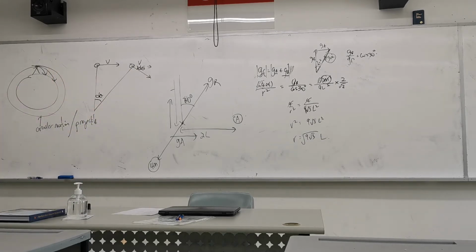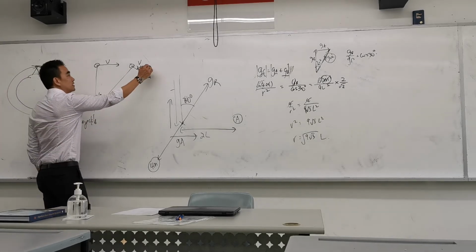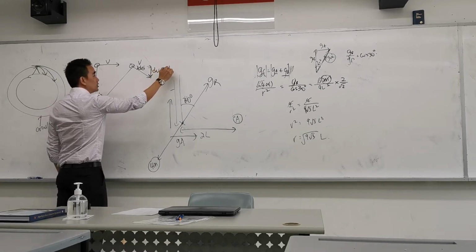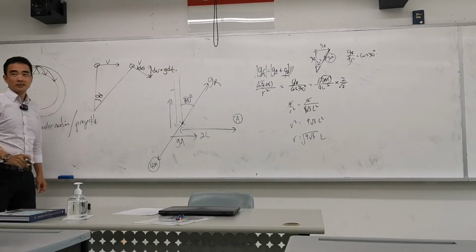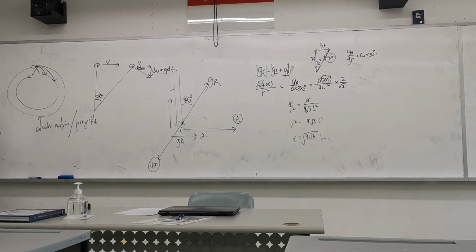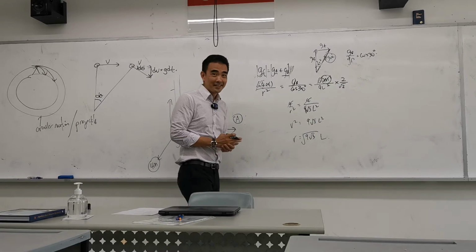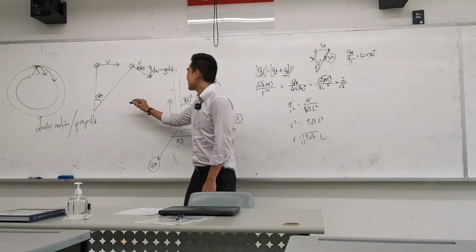A small little angle shift after a small little time, the object will have gotten this way. Do you agree that this is the dv, which is equal to g dt? The vertical velocity gain is g times dt. Still okay? Good.